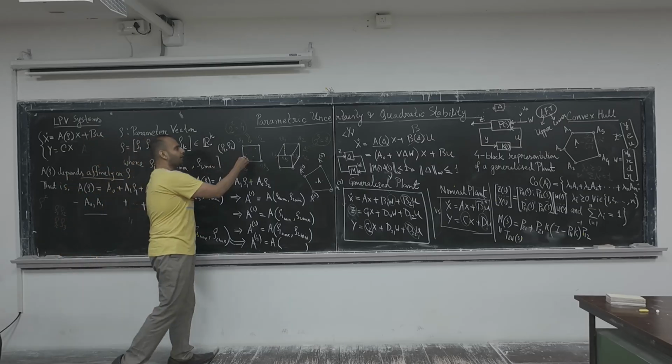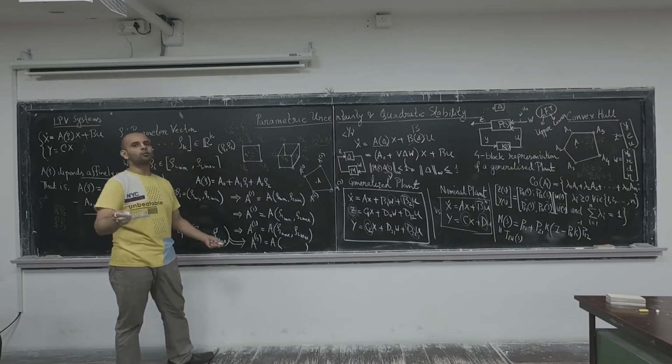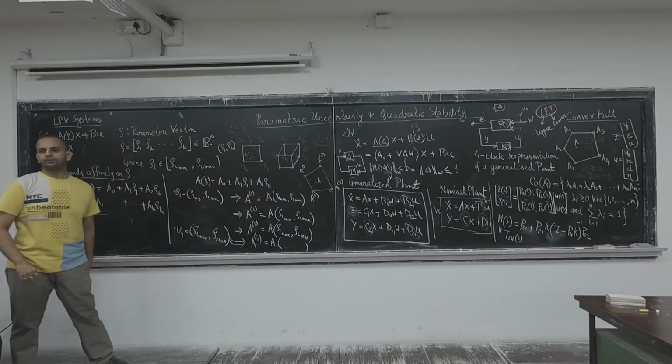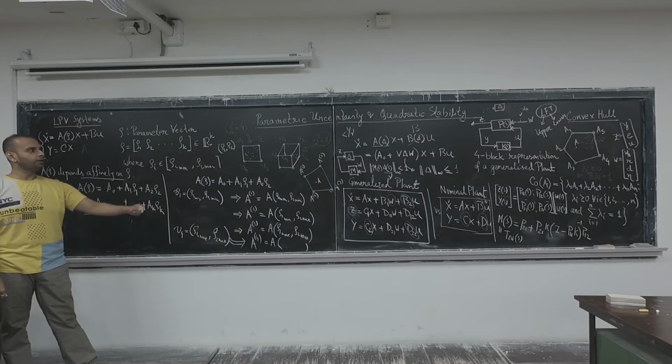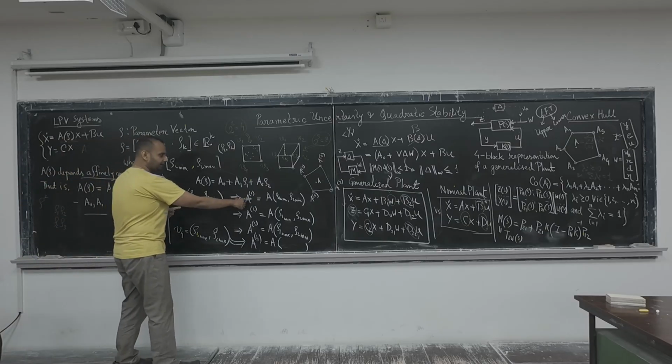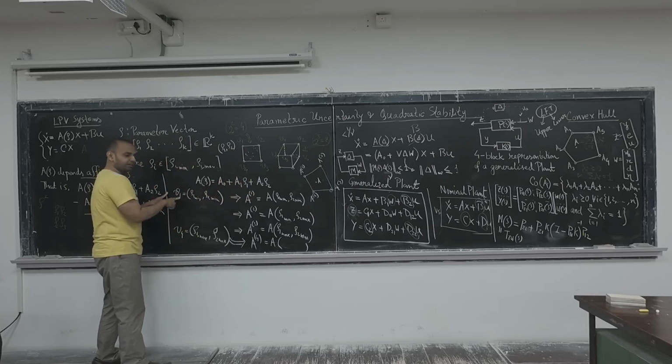That is, they vary within a polytope. The simplest 2D polytope is a square or a rectangle. A1, A2, A3, A4 are just vertices of that polytope. That is, A in the power 1 is the A matrix corresponding to vertex V1.